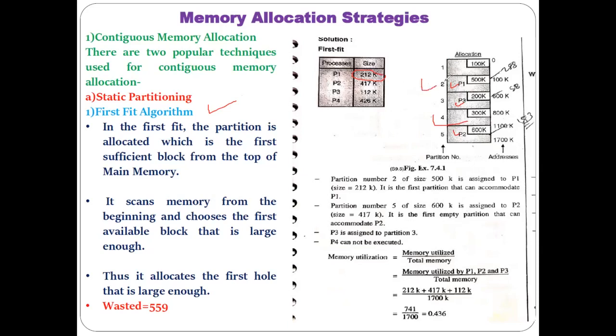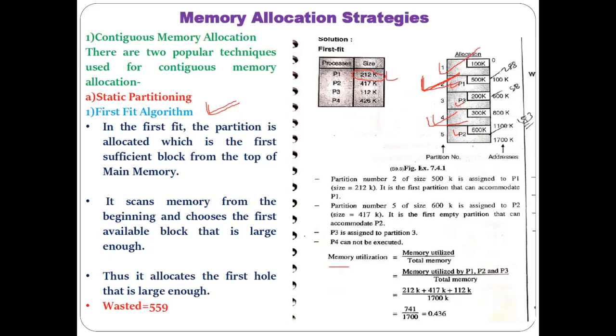So partition 2 comes before partition 4. That is the reason it is first fit. That is the reason it is the first partition which is large enough to hold the process. So that is according to first fit. You have to choose the first partition which is large enough. Understood? The meaning of first here is not the initial partition of your memory blocks. First in the sense the first which is large enough to hold your process.